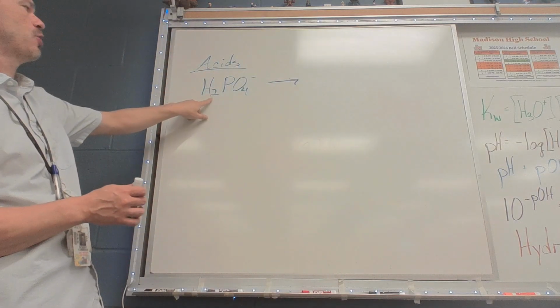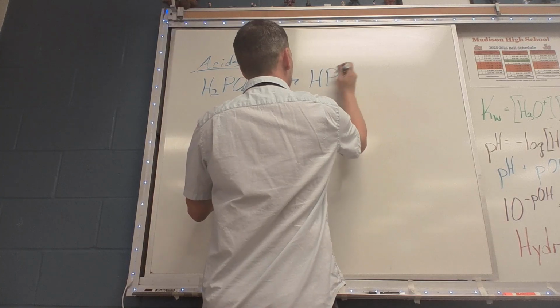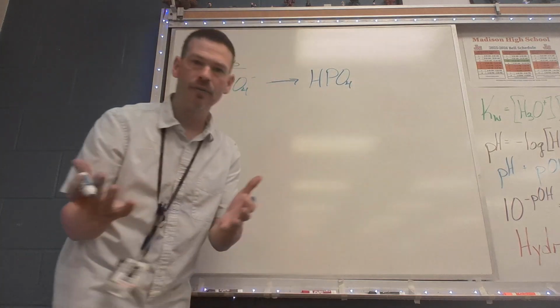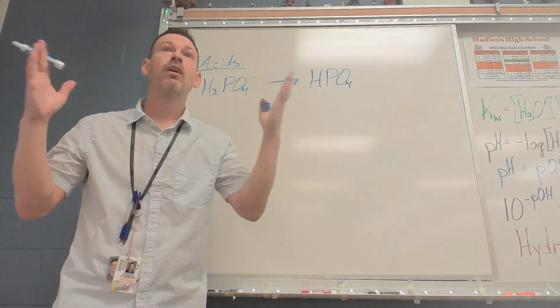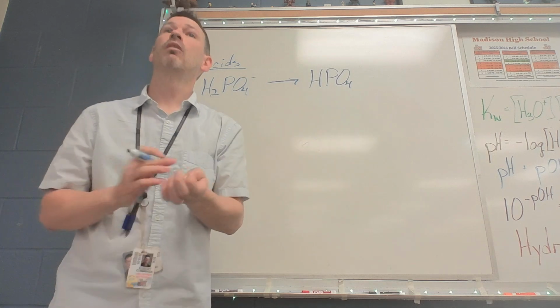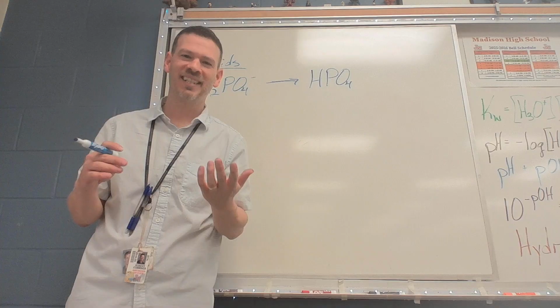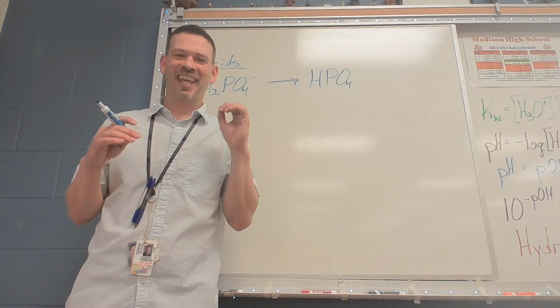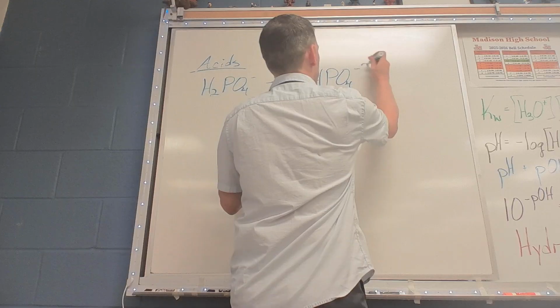So now it's not going to be H2, it's just going to be HPO4 because we got rid of a hydrogen. But now it's not going to be minus, it's going to be neutral because it was negative. I'm sorry, it's not going to be neutral. I trusted these kids sitting out here. It's going to be negative 2 because, teenagers.